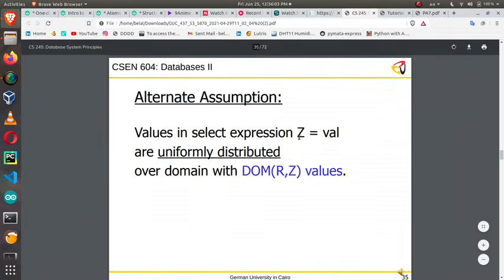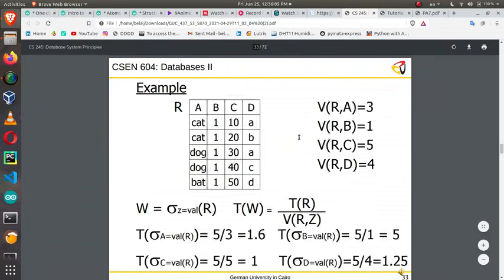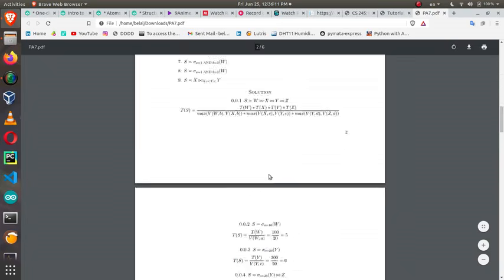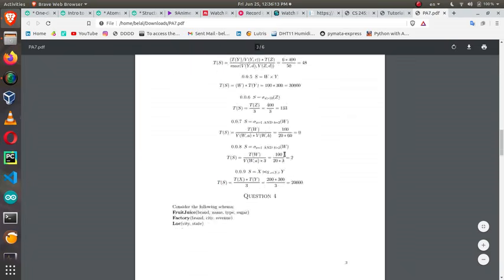And after that we are going to practice these rules by solving the following practice assignment, or the following sheet of problems.